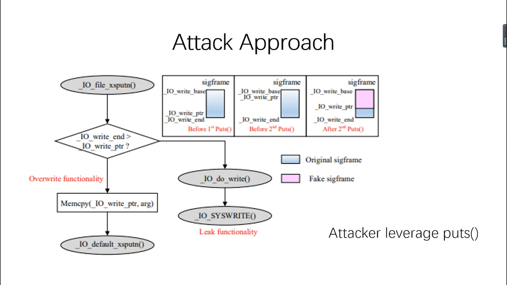After the leakage, the current write pointer will automatically adjust to the start of the signal frame. When the put function is called the second time, it considers that the output buffer is empty, and it will copy the fixed signal frame onto the original signal frame, so the overwriting happens.